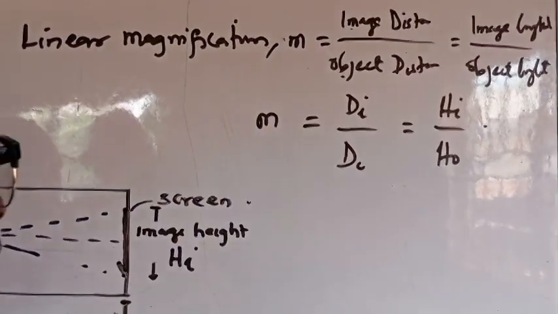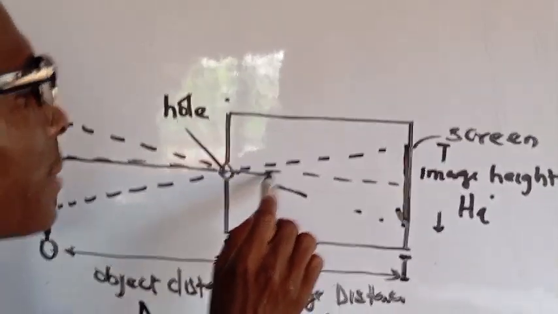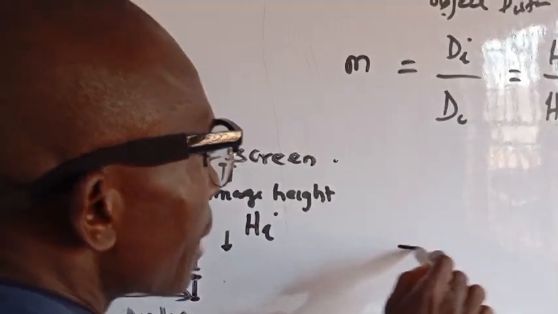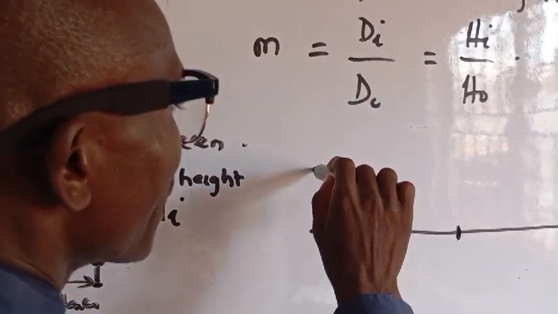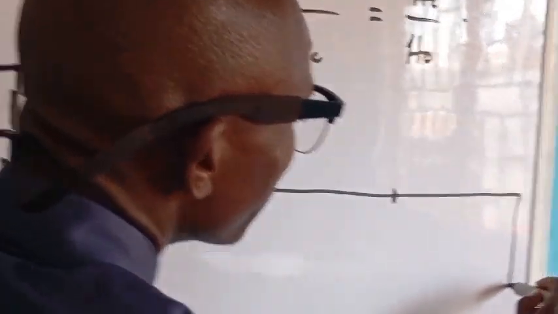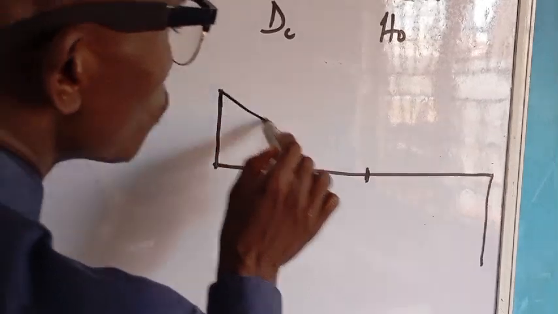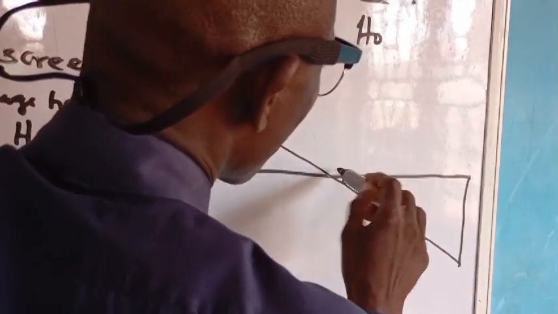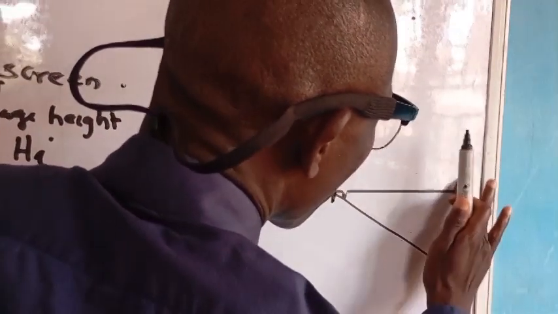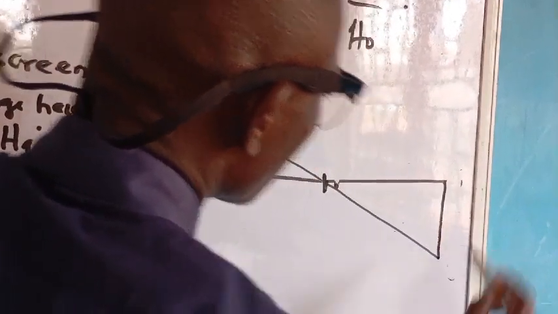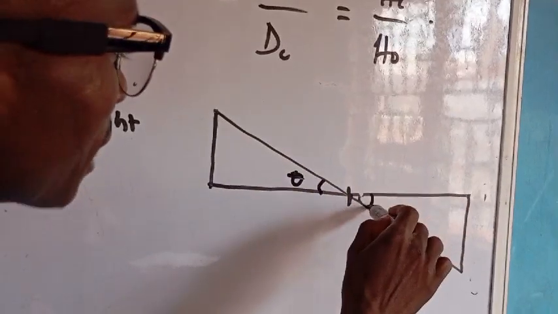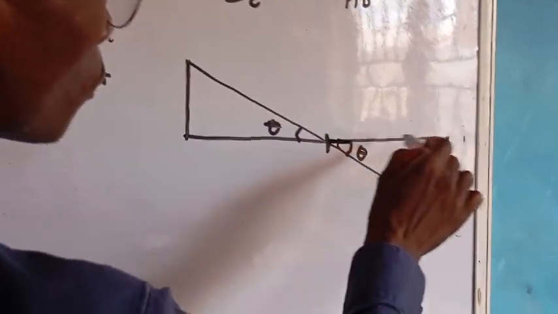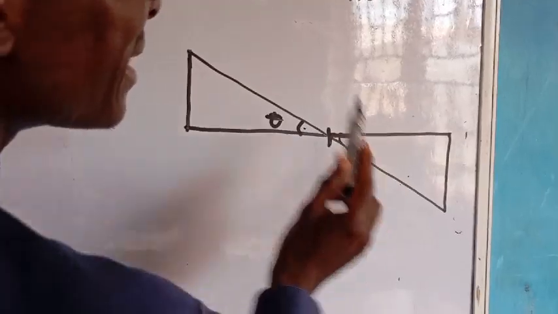If we trace this line, this straight line, and I take this as the center, I can take this up and this down, and join this to this. Now, when I join it, I can make this angle theta. This angle is also theta, vertical opposite angle. You see now, this theta, this theta.